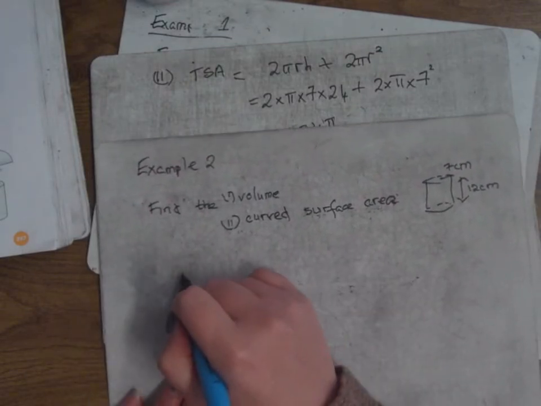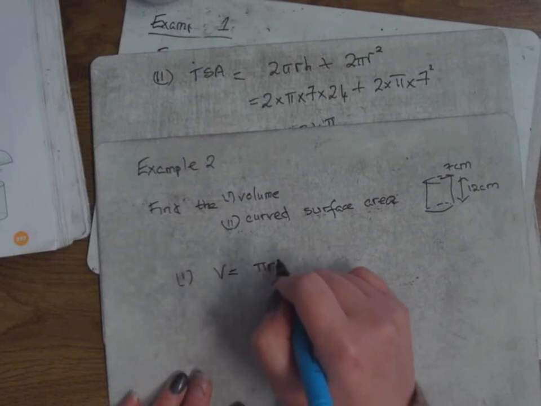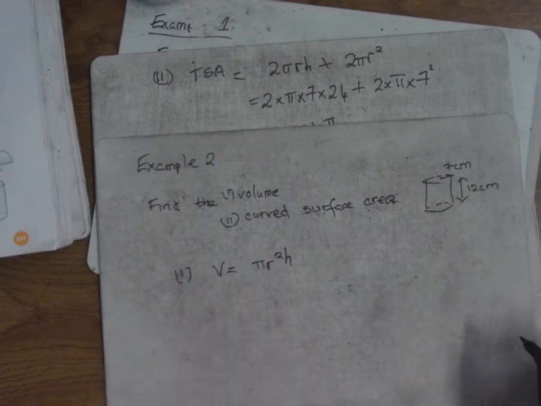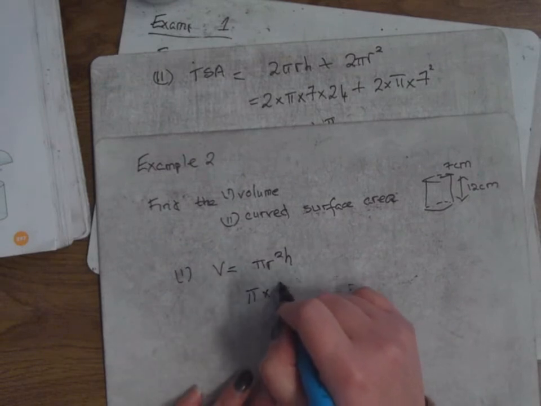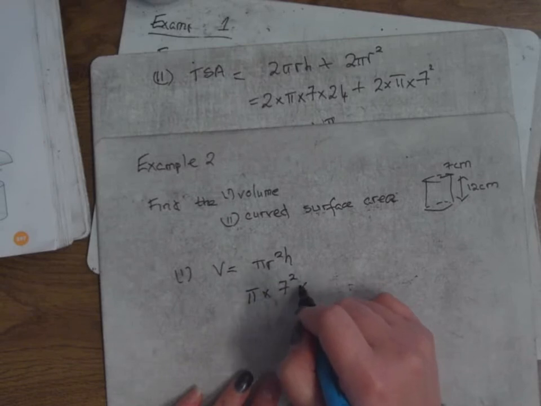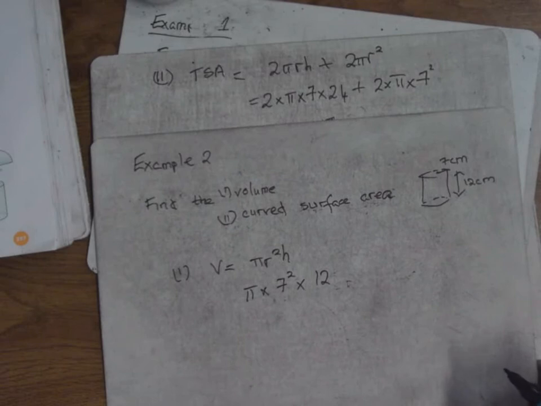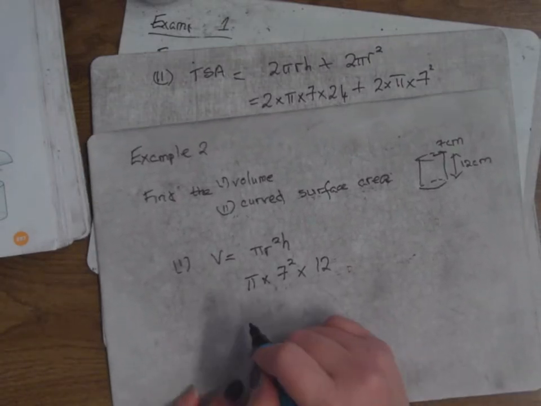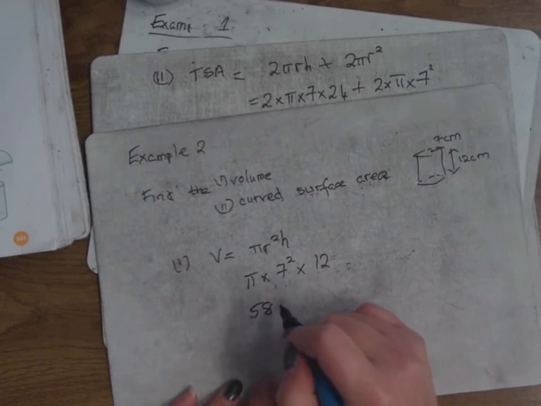So number 1 is the volume. The volume is equal to, off you go to the log tables, and it says pi r squared h. When there's no sign between them, that means multiplied. So that's pi multiplied by the radius 7 squared, multiplied by 12. Someone might give me the answer to that. 588 pi.